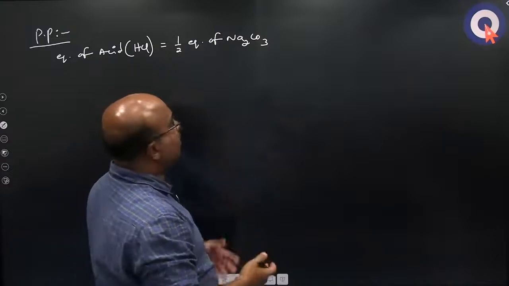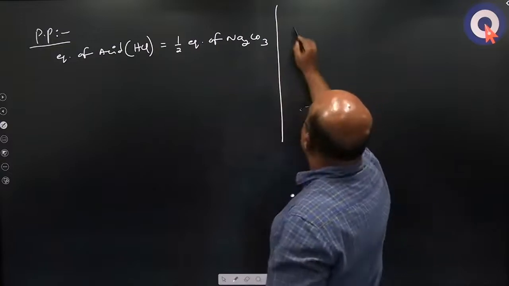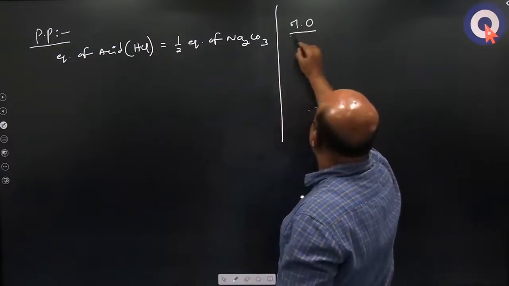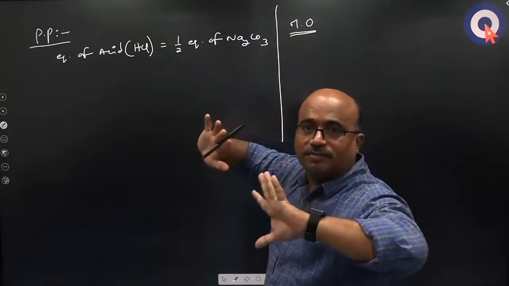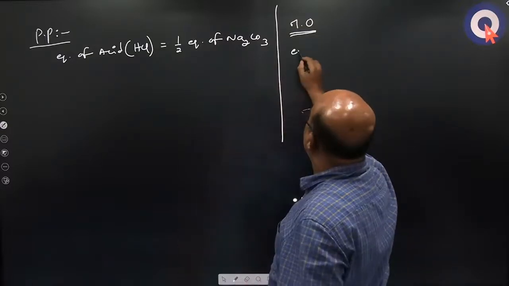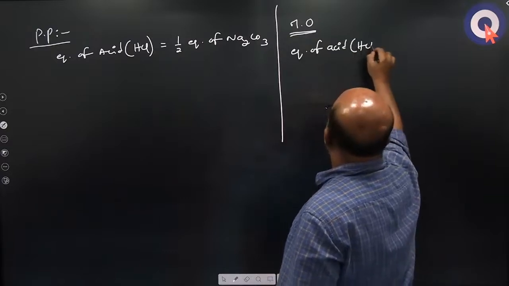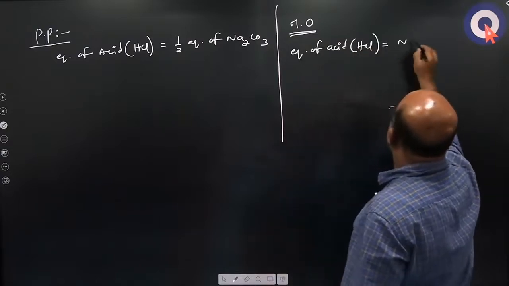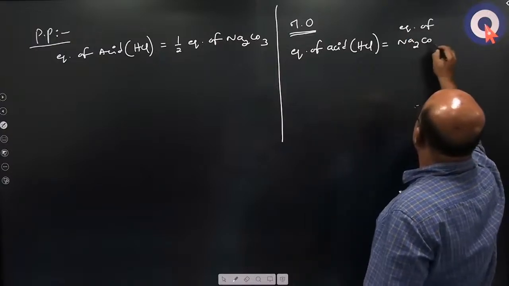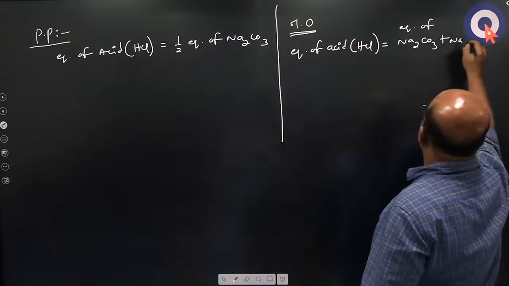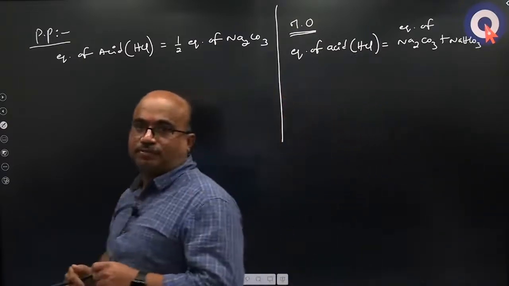But later he did not continue from here. He took methyl orange separately, with the same volume of mixture. So the number of equivalents of HCl now should be equal to the equivalents of Na2CO3 plus NaHCO3. Both will be neutralized at this stage.